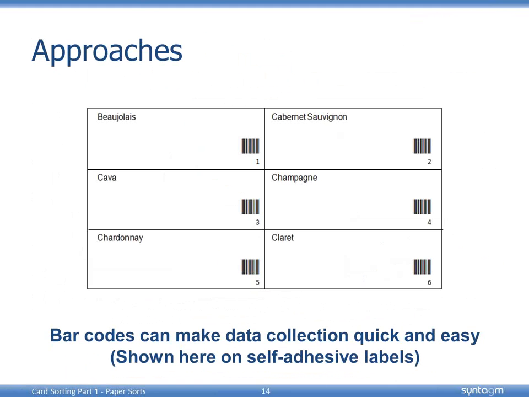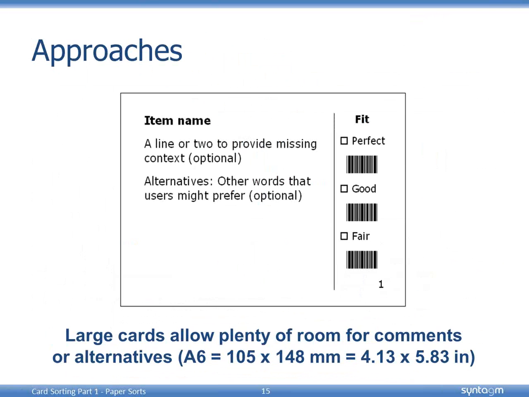This example is one that I talk about in the Playing Your Cards Right article. It's a wine example that I've used quite a few times. It's just very, very simple. And these are item cards, and this particular example would be printed onto labels of corresponding size, and you would then get your participants to fasten these onto index cards of some sort.